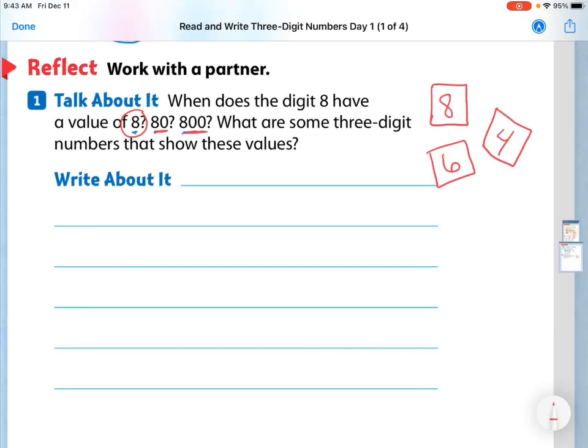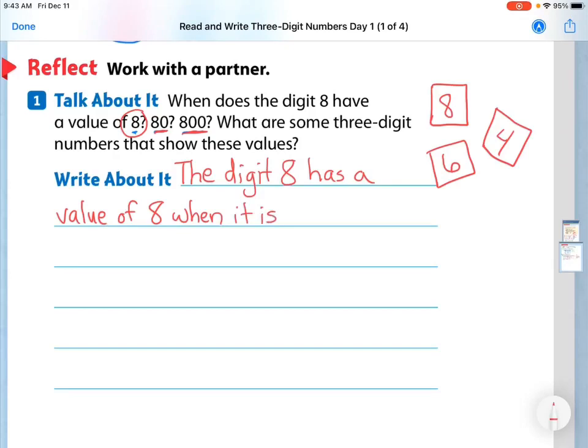So let's say the digit 8 has a value of 8 when it is in the ones place, comma, like in the number, and here I'm going to use those 3 digits, but this time I'm going to put the digit 8 in the ones place.